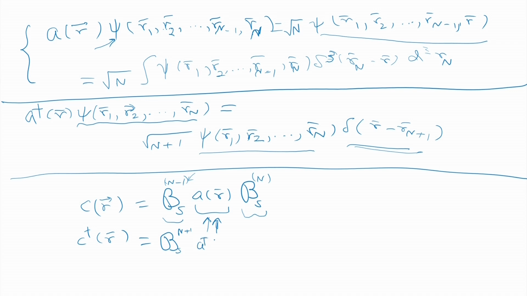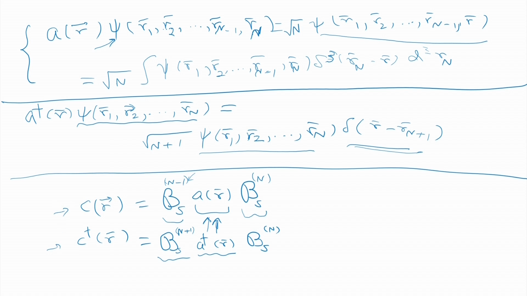So you will be creating a particle. You will first symmetrize it properly, then create a quantum particle with ambiguous statistics at location R. Then in order to eliminate the ambiguity, you would further symmetrize or anti-symmetrize the wave function, which now, remember, has one more particle, as opposed to one less particle as it did here.